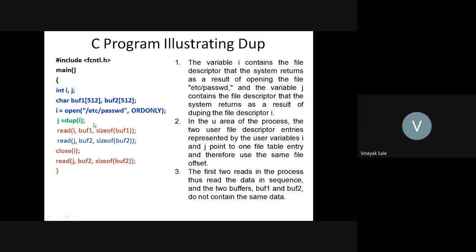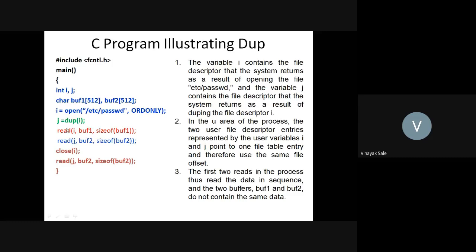Then i is equal to open of file name and purpose of that file. So the file name here is /etc/passwd, and here read only by other group. j is equal to dup of i.